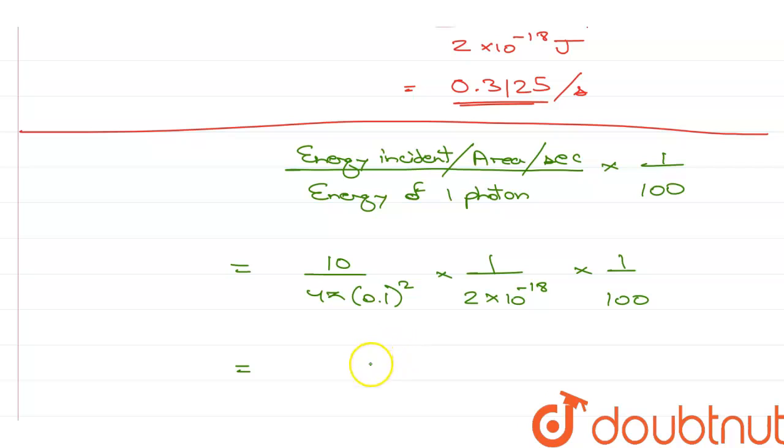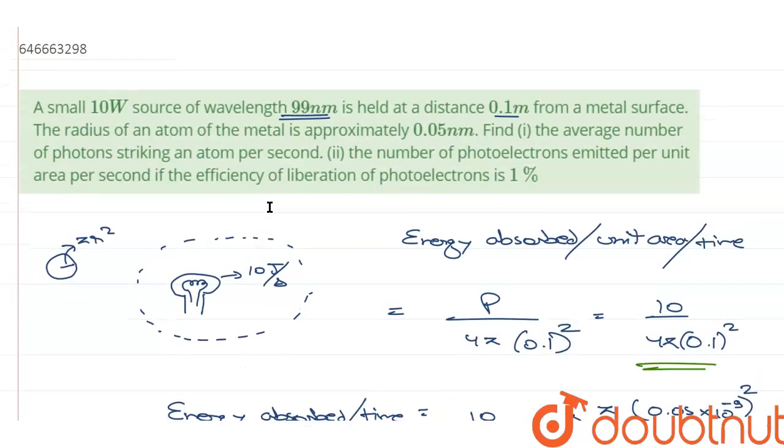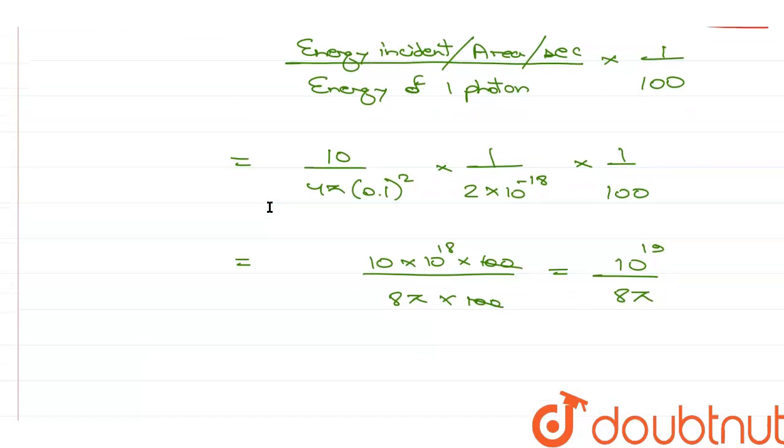That gives us 10 into 10 raised to power 18 into 100 upon 8 pi into 100. This and this get cancelled. So we have 10 raised to the power 19 upon 8 pi photons per second.